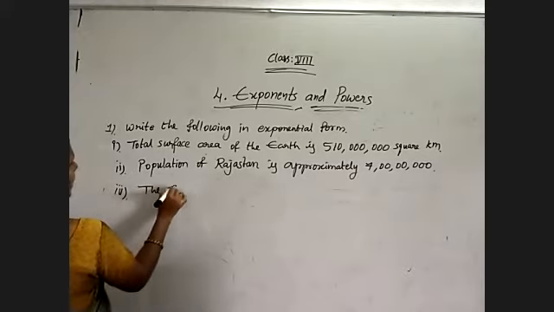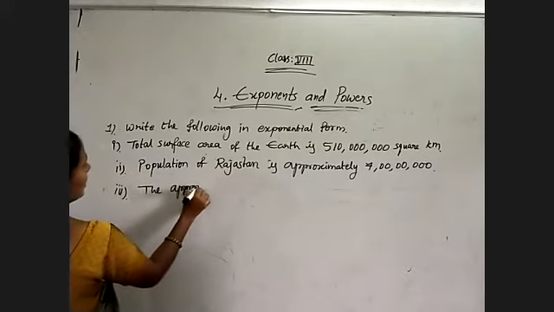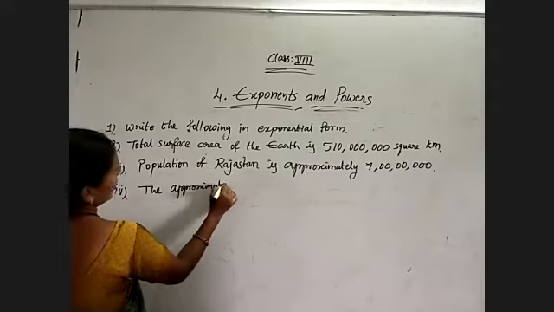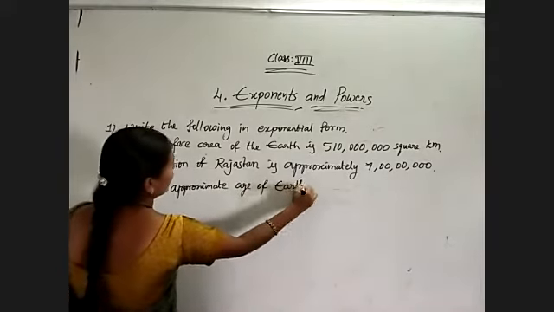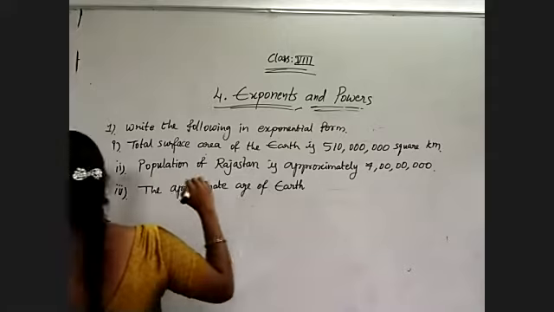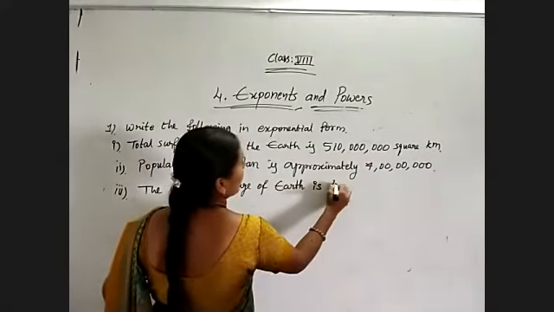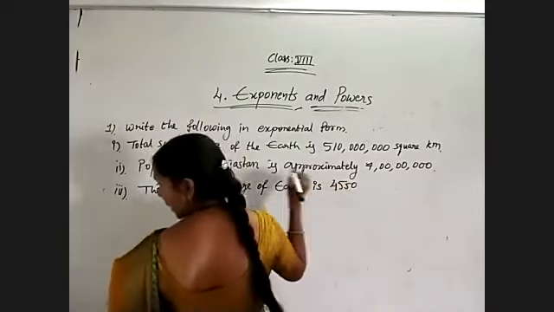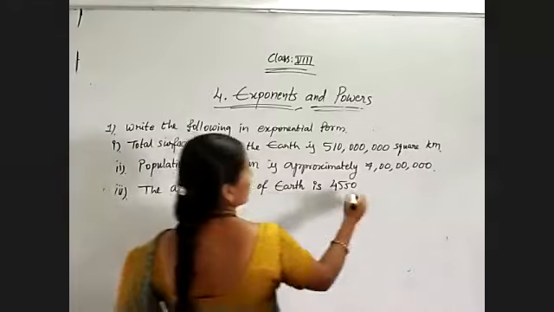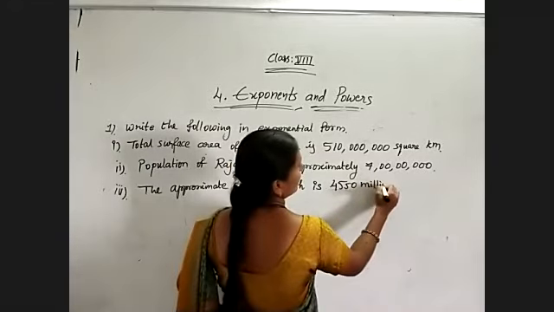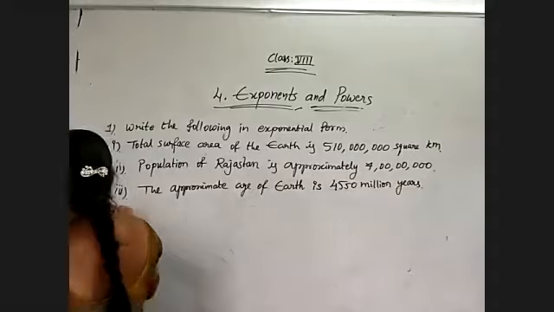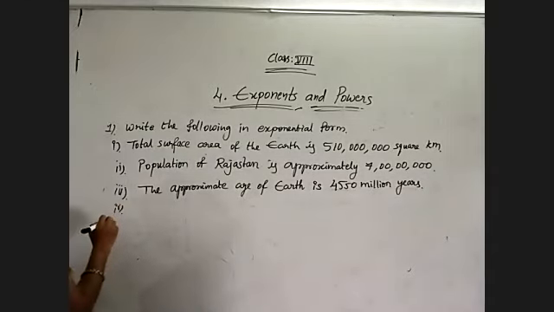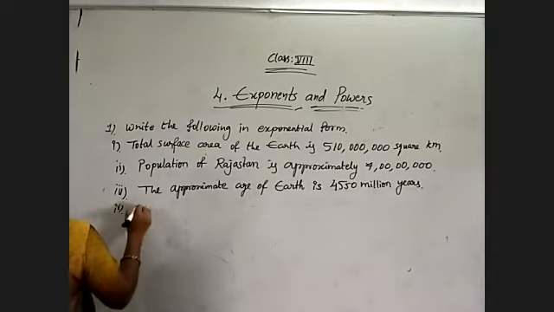The approximate age of Earth is 4,550 million years. And fourth question, 1,000 kilometers in meters.